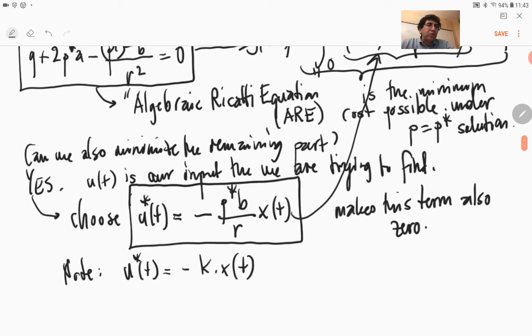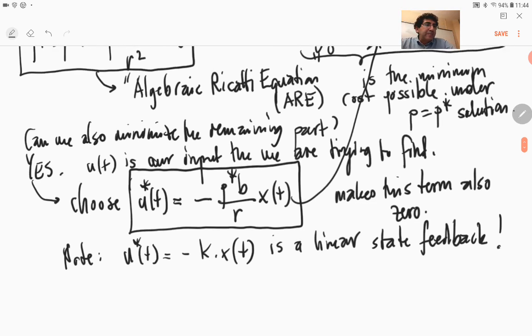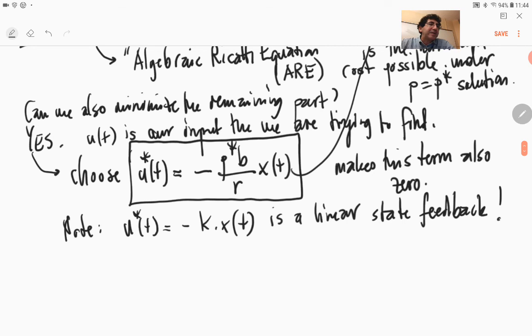Therefore, u star of t becomes a constant minus a constant times x of t and is a linear state feedback. So in fact, what we have found as the solution of the optimal control problem, the linear quadratic regulator problem, is nothing but a specific state feedback controller.